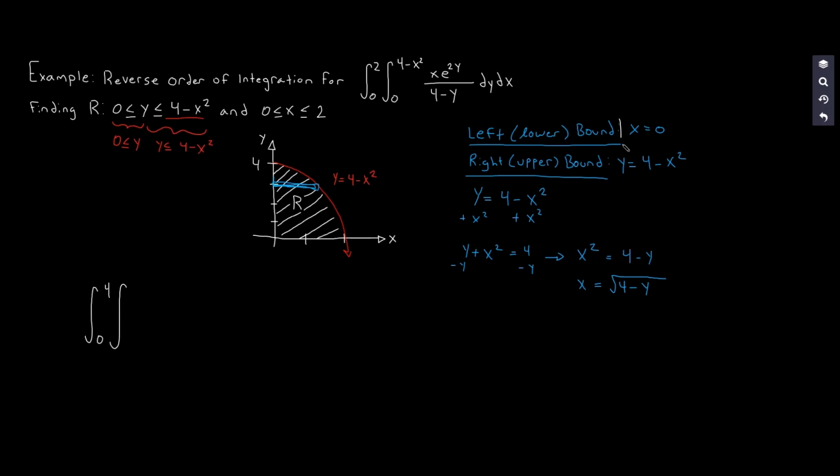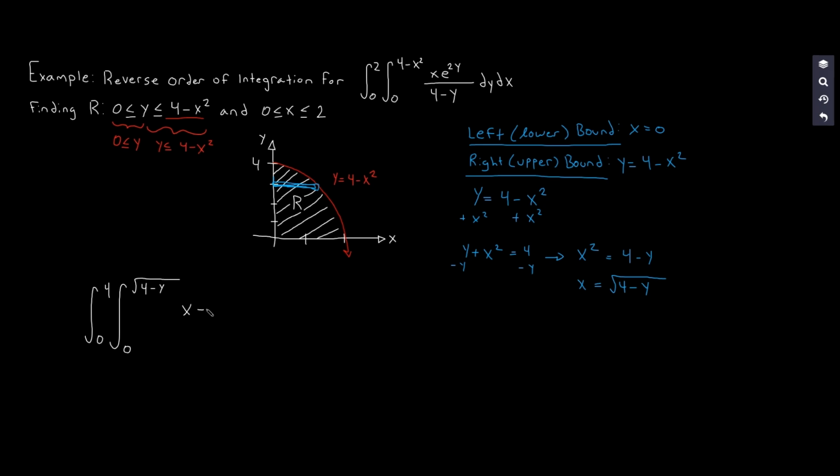The lower bound is x equals 0, which we can see right here on our rectangle. So the lower bound is 0. The upper bound, after we solve it for x, we see that x is equal to the square root of 4 minus y. And so that makes the upper bound the positive square root of 4 minus y.